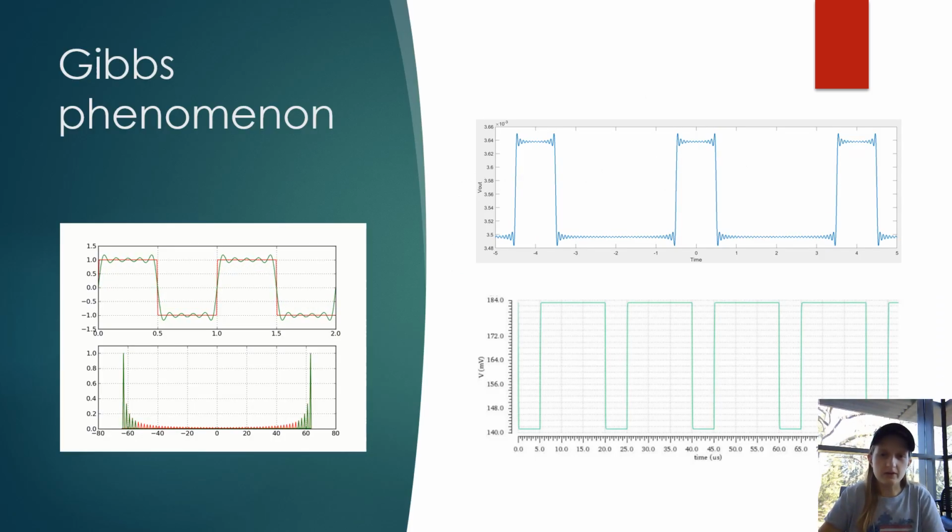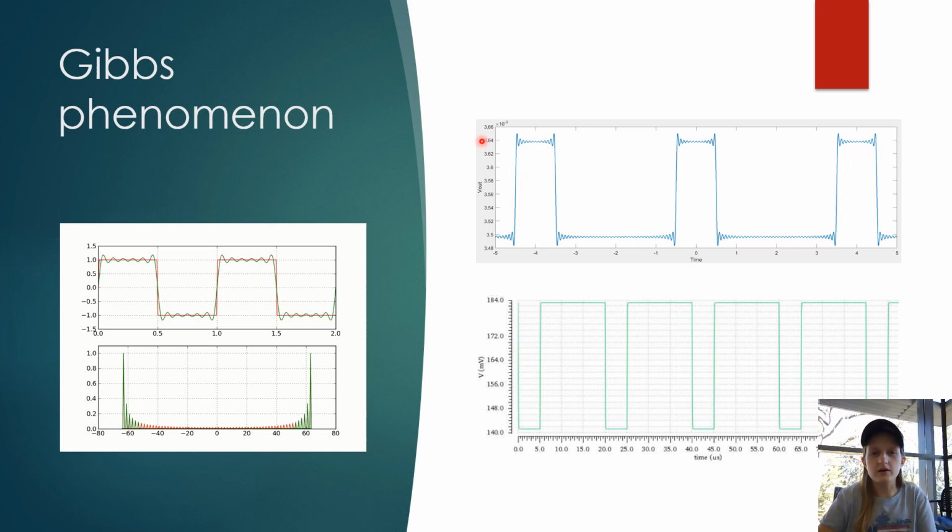So now I want to talk about Gibbs phenomenon, where we were able to mathematically model the signal as this, whereas in Cadence it gave us this. I have a little animation over here that helps to explain too as I go through this. So Gibbs phenomenon essentially reflects the error inherent in approximating discontinuous functions by a finite series of continuous sine and cosine waves, where the partial sum of the Fourier series overshoots the function it is approximating.